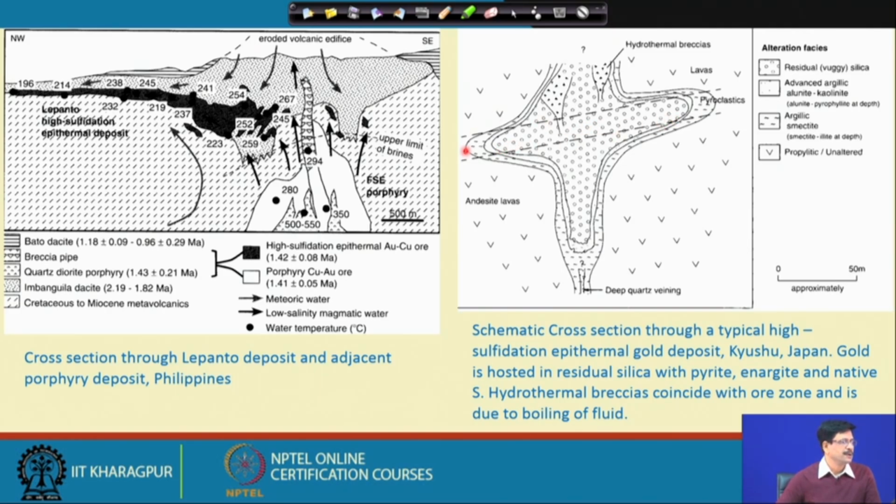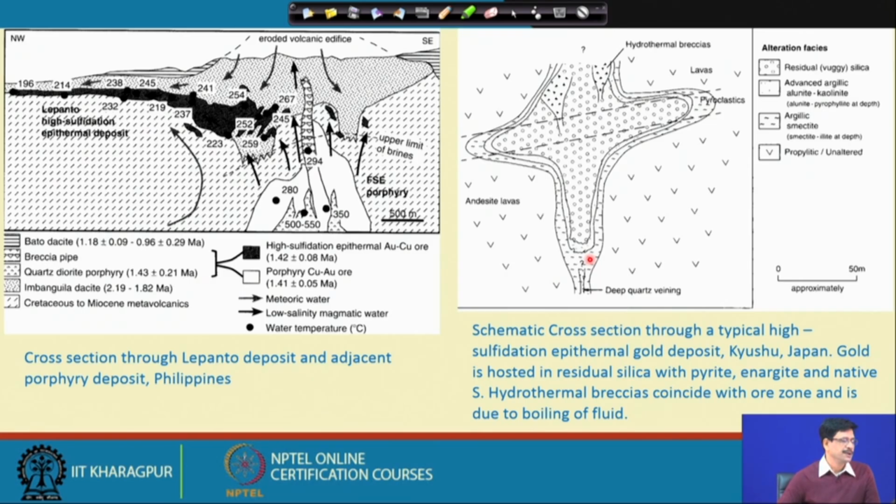zone. Later on, the metals were deposited as metal sulfides in this vuggy silica zone, which is basically the mineralized zone. It is surrounded by advanced argillic alteration, which is alunite and kaolinite bearing, with peripheral argillic and propylitic alteration, and then the unaltered rock.